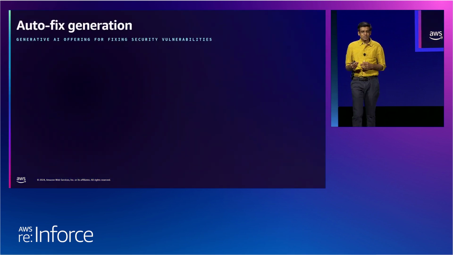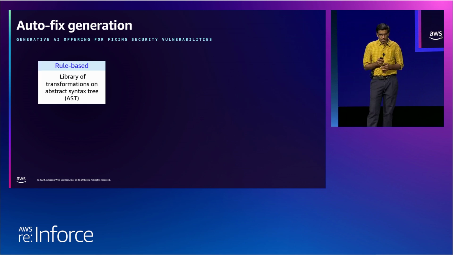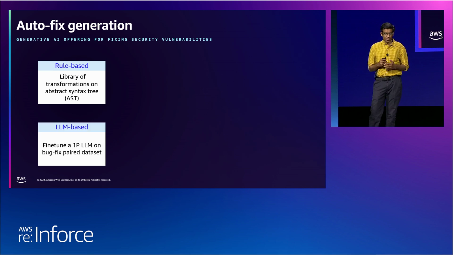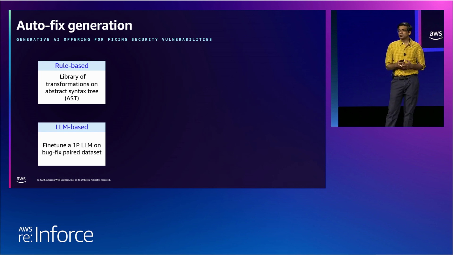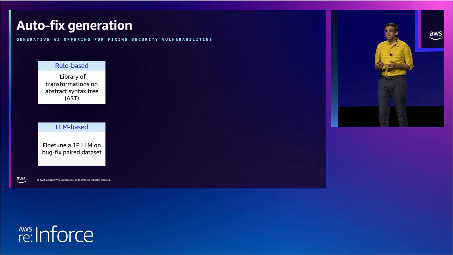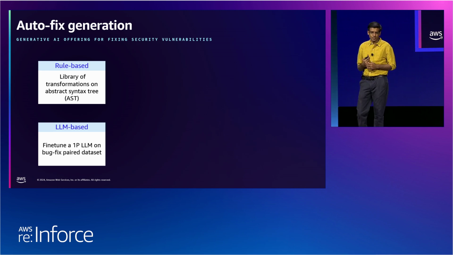So autofix generation is a generative AI offering for fixing the security vulnerabilities that we find in the code. And this feature is a combination of rule-based fixes, which is a library of code transformations over the abstract syntax tree of the program, and an LLM-based fix, which is powered by a first-party large language model that is fine-tuned on a bug-fix paired data set.